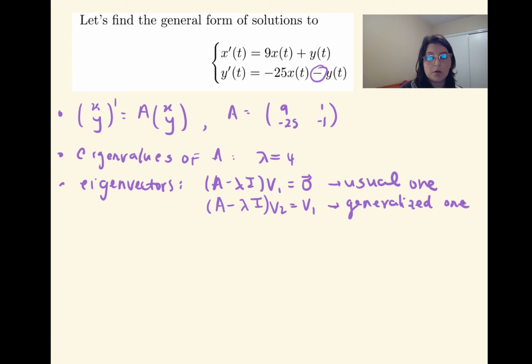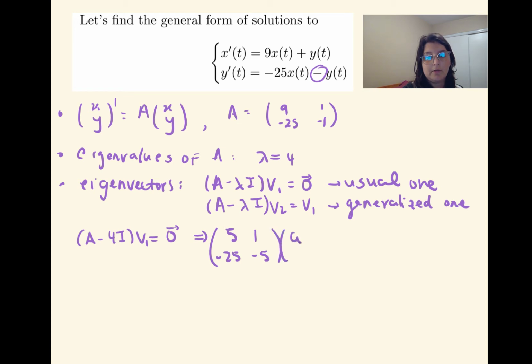So to find v1, the usual eigenvector, we do (A minus 4I) times v1 equals the 0 vector. We do A minus 4 times the identity. So 9 minus 4 gives us a 5. The 1 stays as it is, minus 25 as it is, and then minus 1 minus 4.